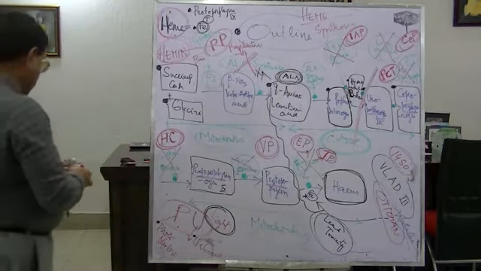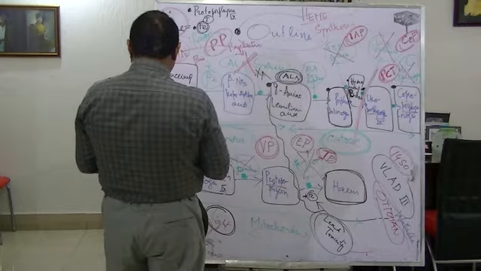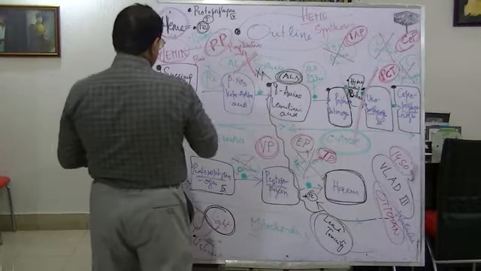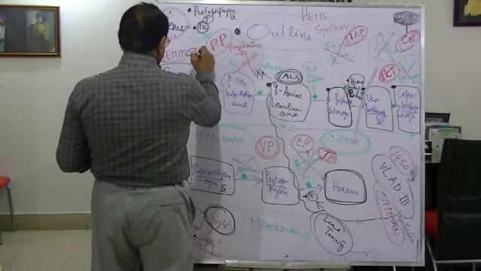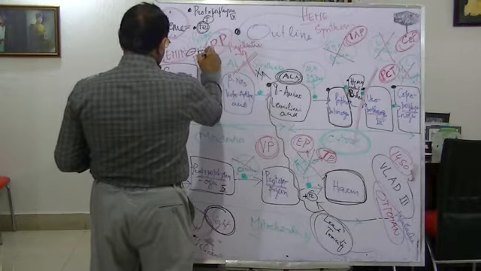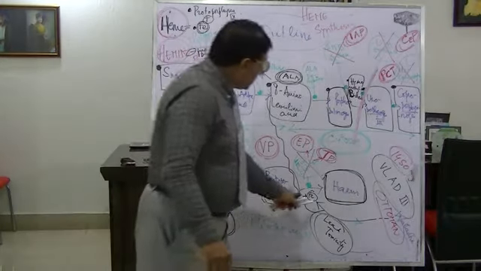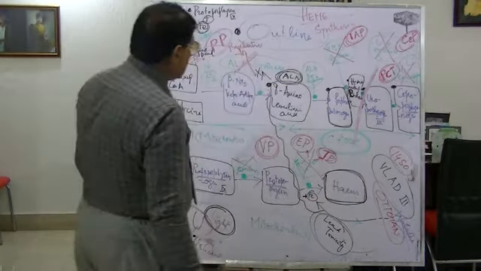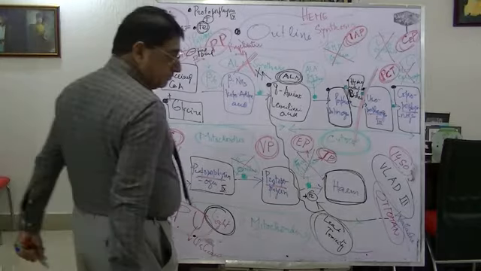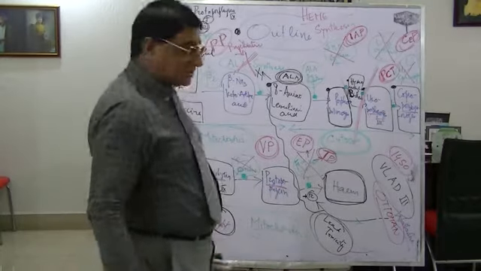So it is a sort of negative control, a negative feedback as well. So when it comes over here, it forms heme. I would tell you something about the structure of heme as well.